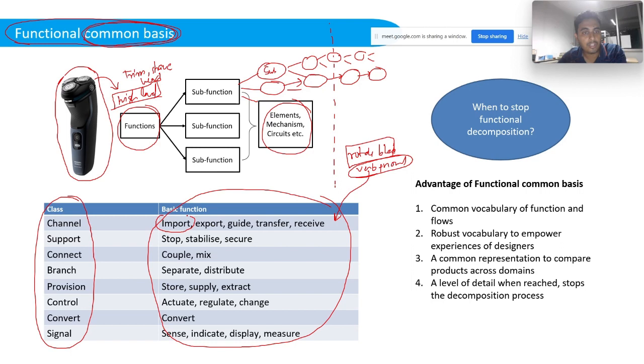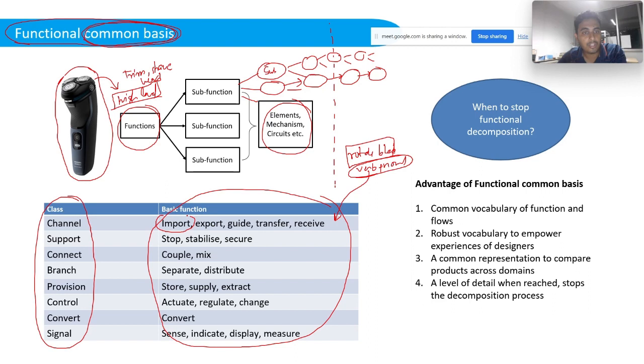The third is it's a common representation for various product domains. You can use it for electrical devices, you can use it for mechanical. So you start with something like electrical energy sensor, but at the end you end up with something using convert, transmit, something like that. So because of this commonality, it's very useful.